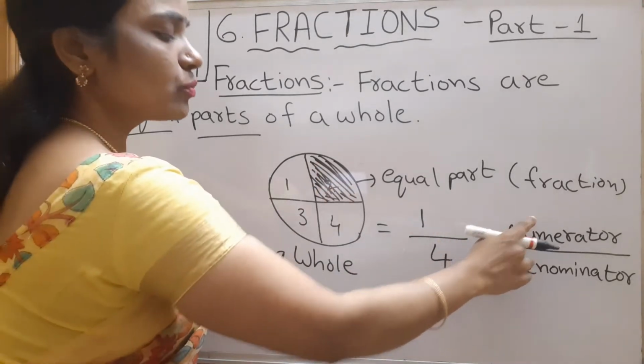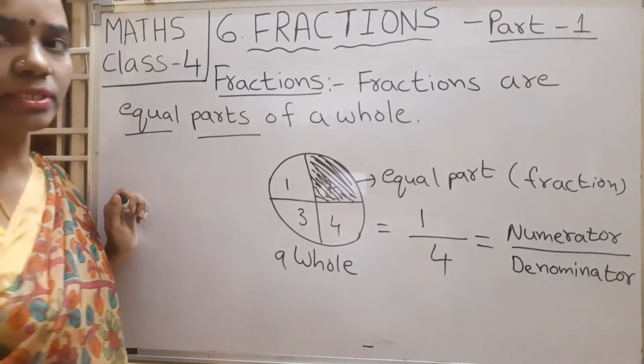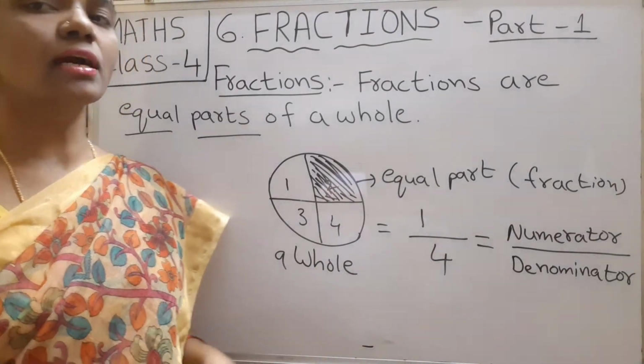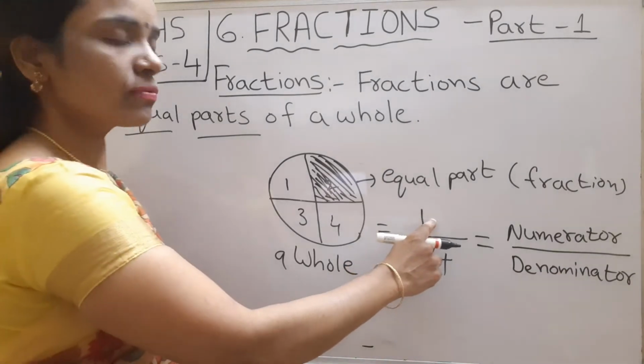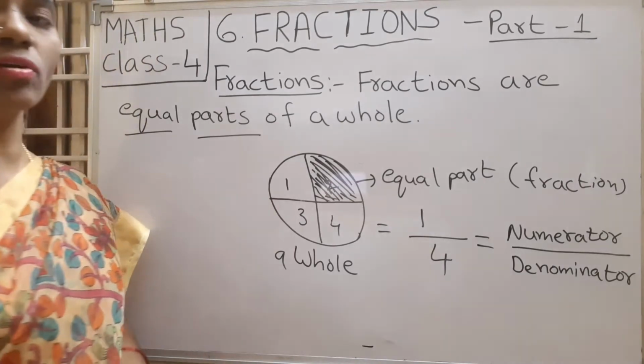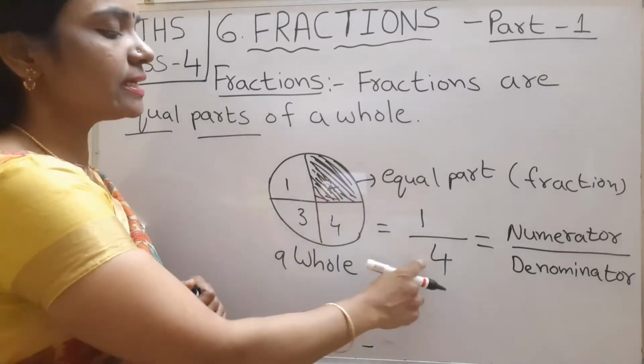So 1 is the numerator and 4 is the denominator. From this example, what does the numerator tell us? The numerator tells us the number of shaded parts. What does the denominator tell us? The denominator tells us the total number of equal parts.